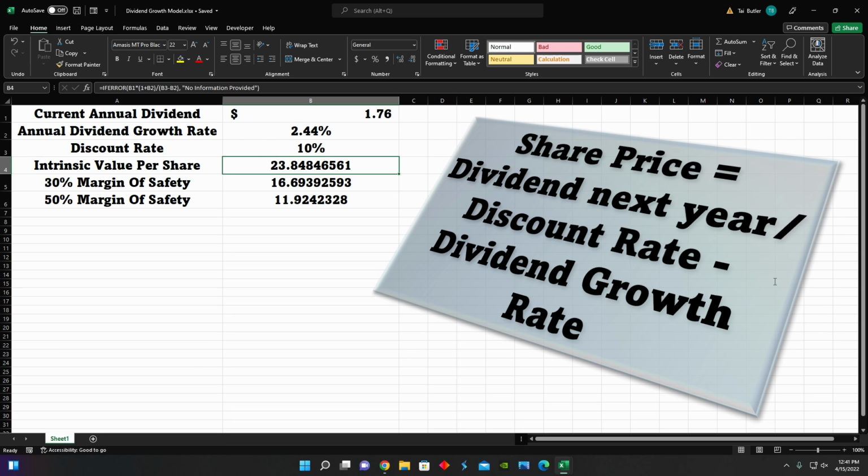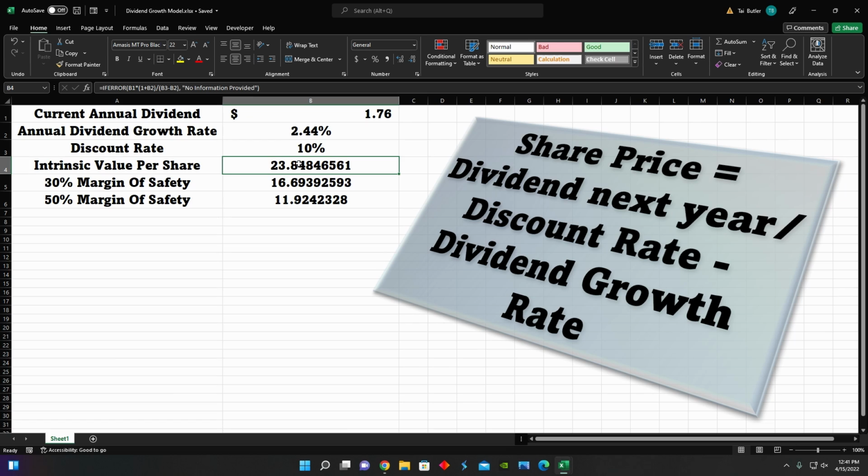Then after that, we're just dividing it by the discount rate, which is essentially the expected rate of return that we want to make from this investment. In this case, I just put 10% because that's what the S&P 500 over a long period of time has averaged annually.